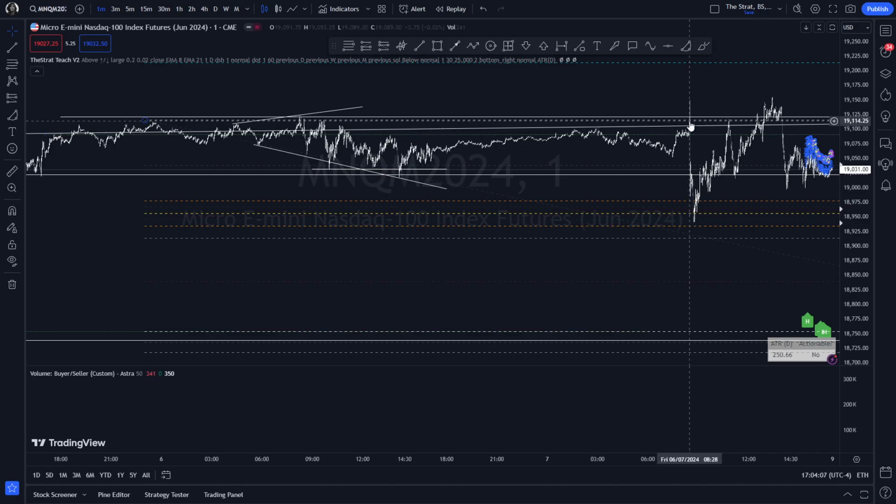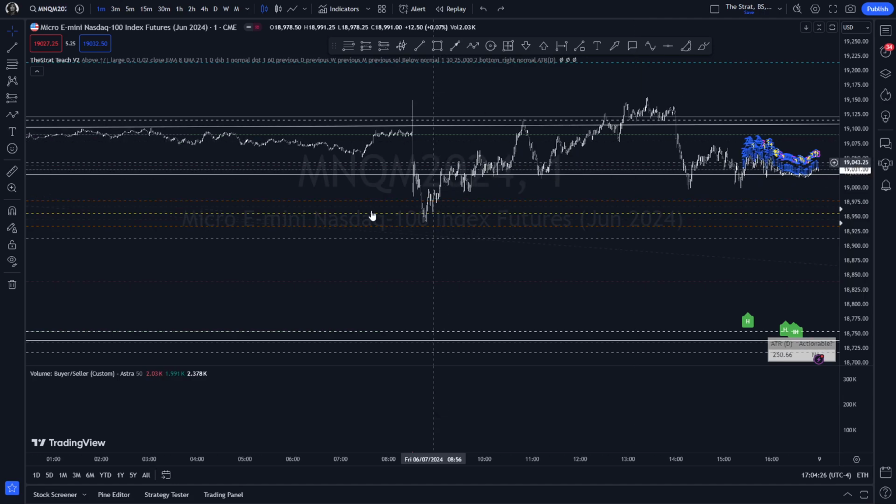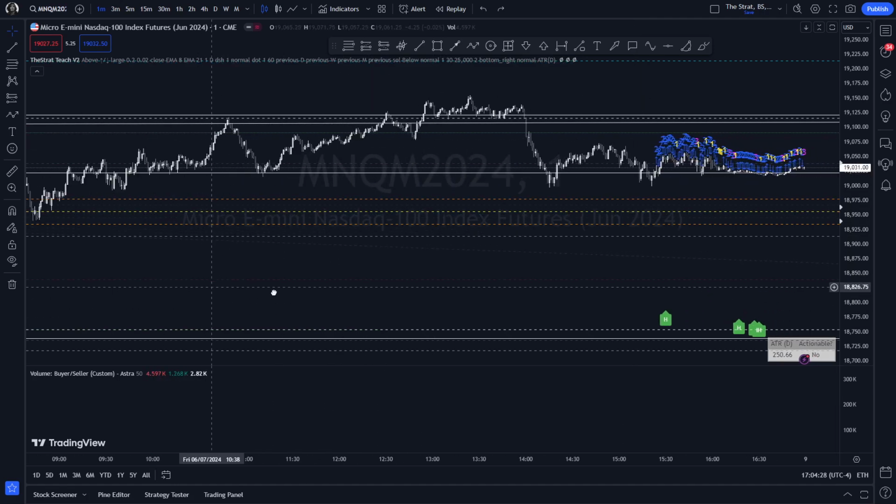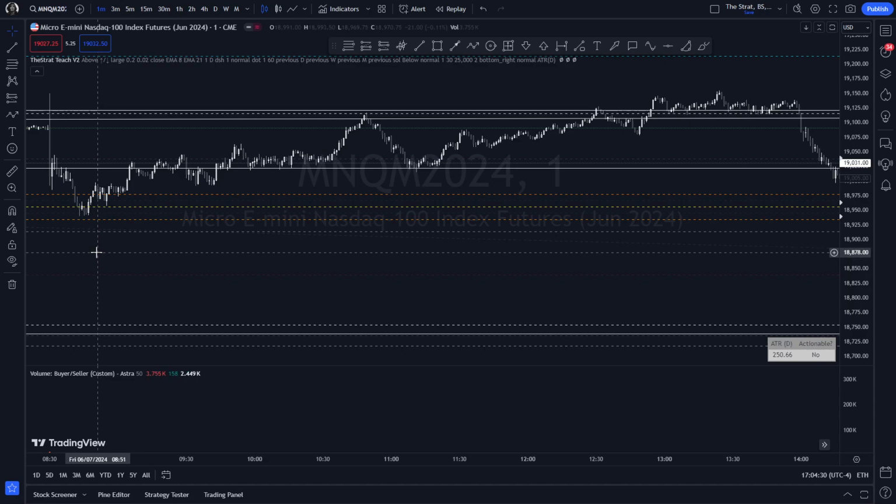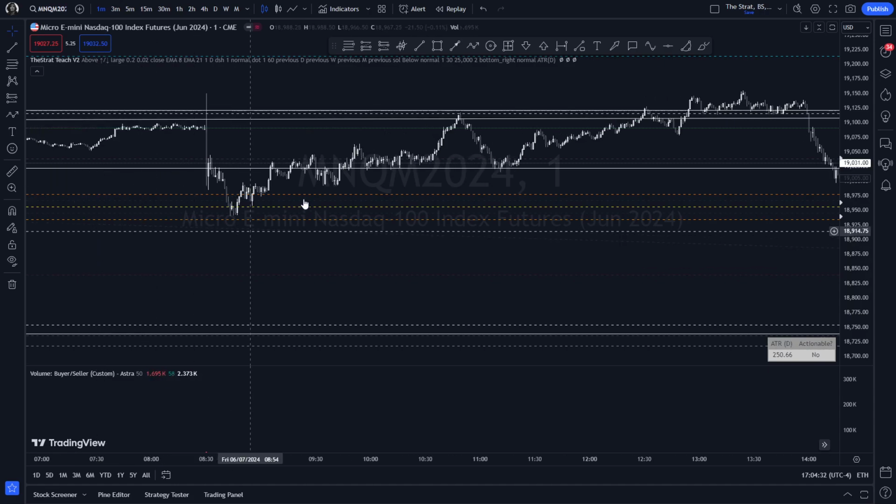So we can anticipate, either A, it's going to break and base and do this continuation like this, and then test this again and then move again on the upside. That obviously didn't happen. That's why I was saying to pay attention to what type of three it is, or what type of candle it is in general.